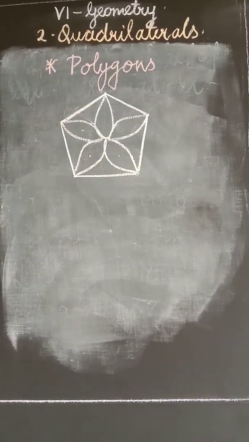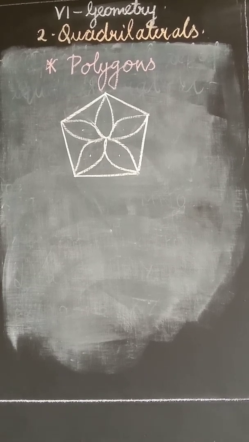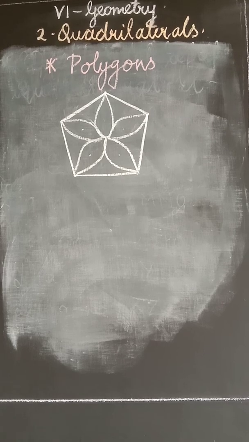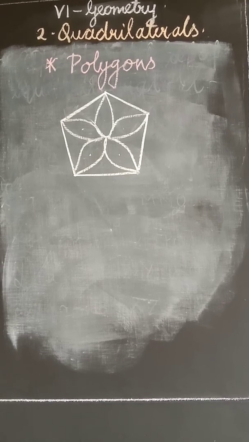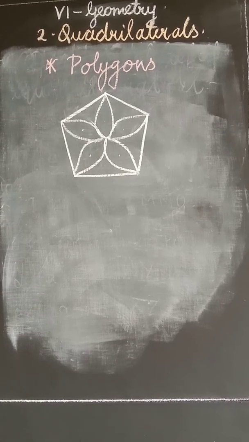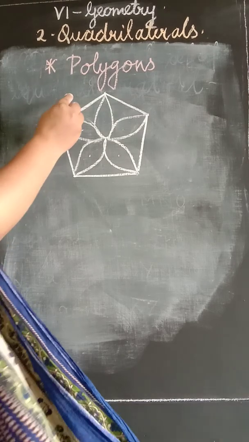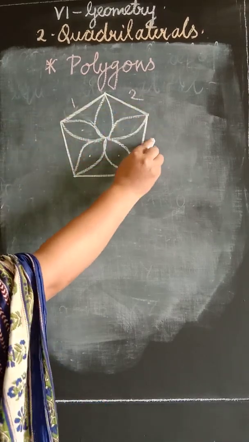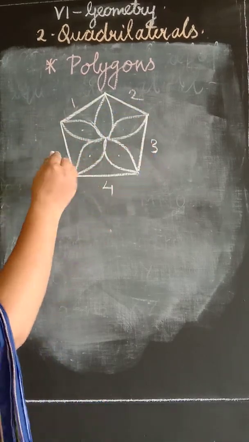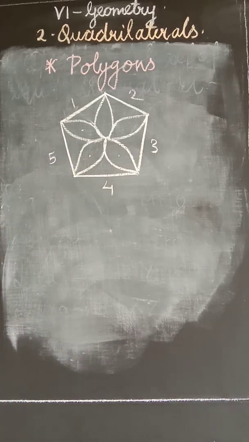So in this way I have joined the tips of the petals. Now what is the figure which you have got on the board? Yes, it is a closed figure, which we have got by joining the 5 tips of the petals. So by joining the 5 points we have got 1, 2, 3, 4 and 5 line segments.